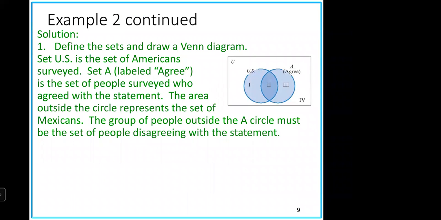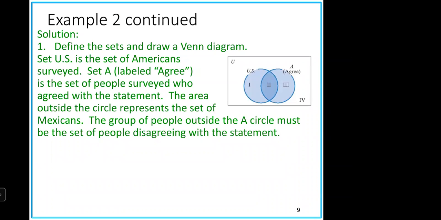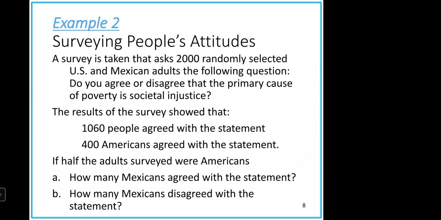Okay, so the question talks about US and Mexican adults, and the results are persons who agree with the statement. It says 1,060 agreed with the statement, 400 Americans agree with the statement.